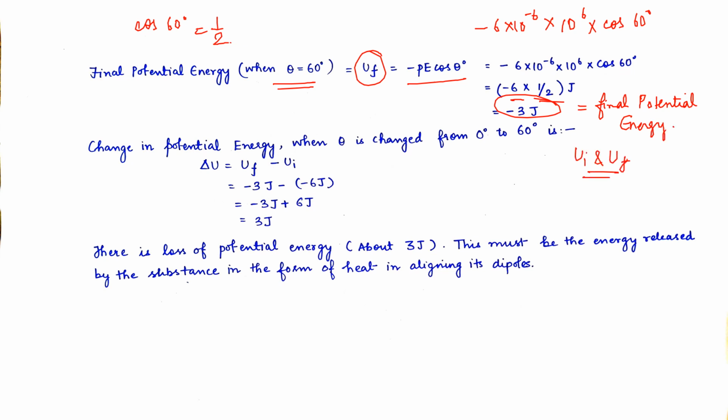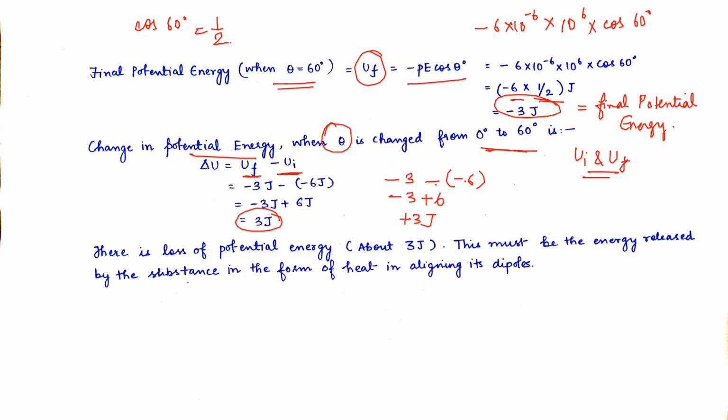We got U initial and U final. Now we aim to find the change in potential energy when theta is changed from 0 degree to 60 degree. So the change will be final minus initial. Final is minus 3, initial is minus 6. So this minus minus will turn to be plus, and we will get plus 3 joules.